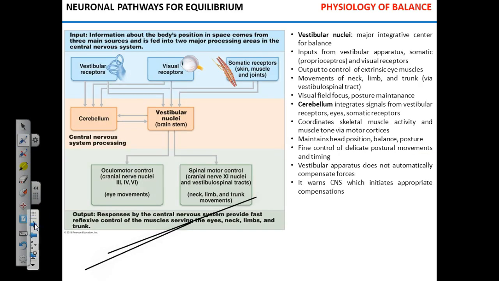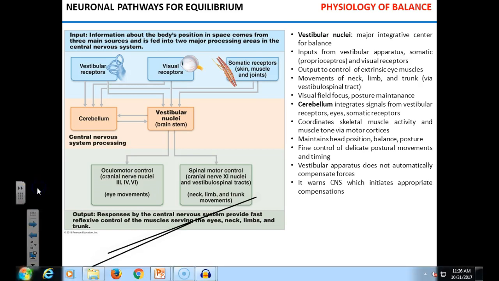Okay. Now, what are the neuronal pathways to the brain? Vestibular receptors transmit the information directly to the cerebellum, because the information about the balance is critical to plan the skeletal movements, and to the vestibular nucleus.